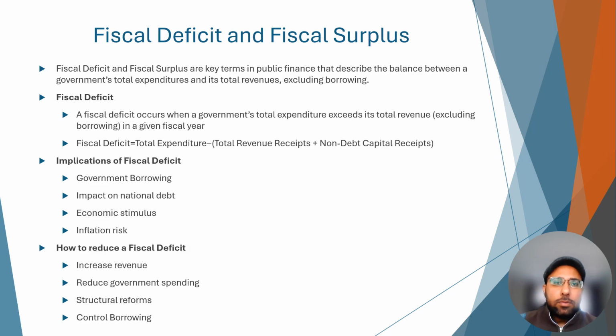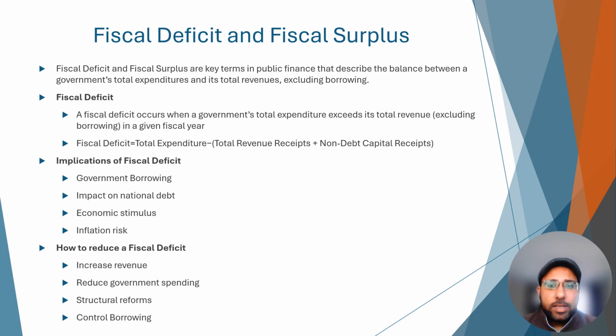Now, a fiscal deficit really happens when the government spends more than it earns. So remember, when we talk deficit, this happens when a government is spending more money than it's got coming back in. This can be caused by a number of factors: increased spending on public services, lower taxes being collected, external shocks, or higher interest payments on debt it currently has.